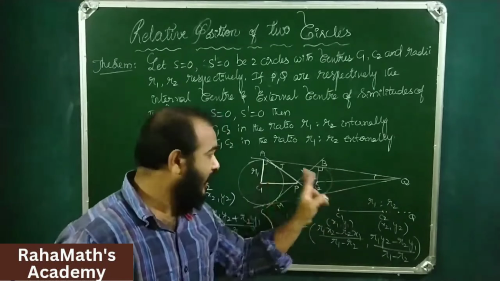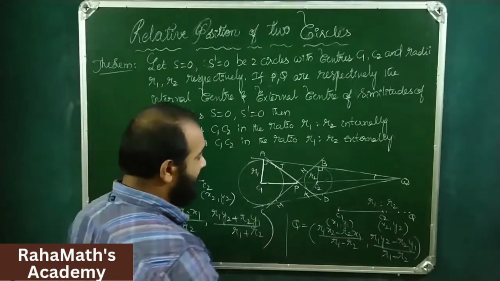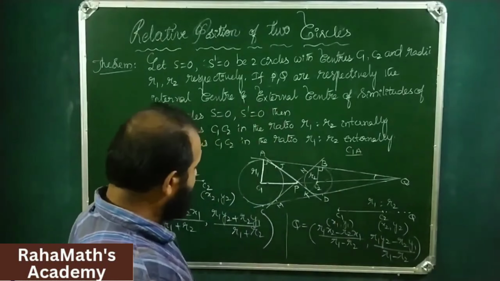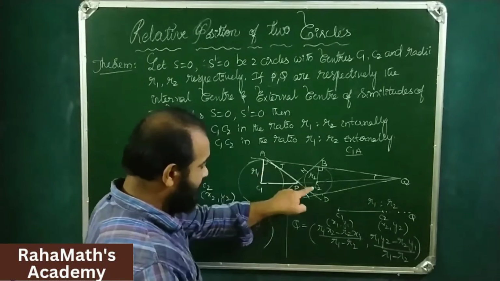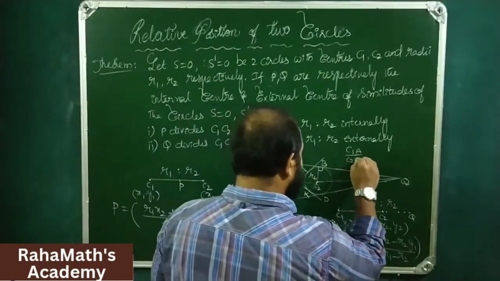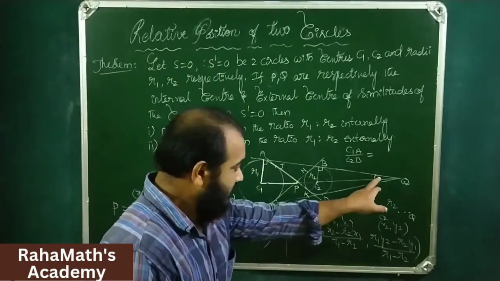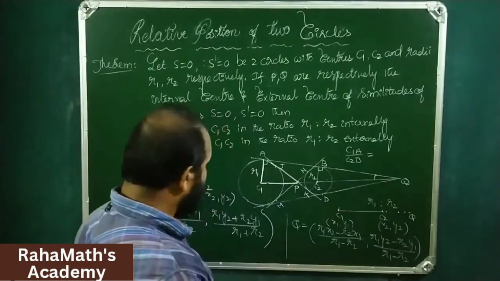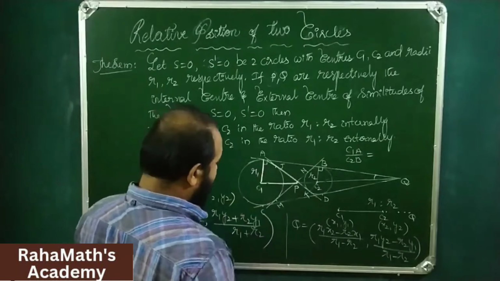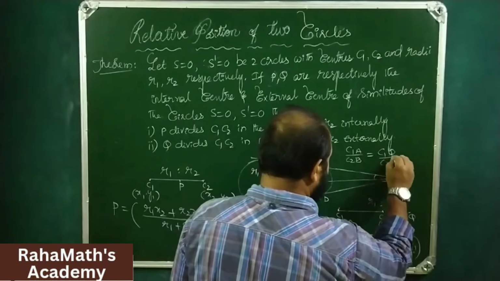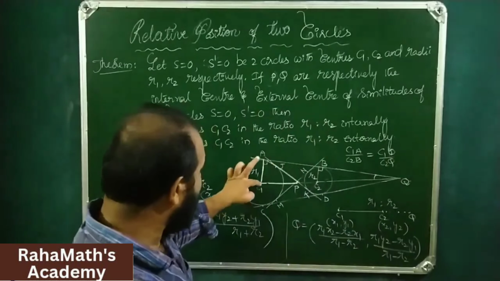By the angle property, C1A by C2B is equal to, opposite to these angles and opposite to this 90 degrees, C1Q by C2Q. What is C1A? R1.